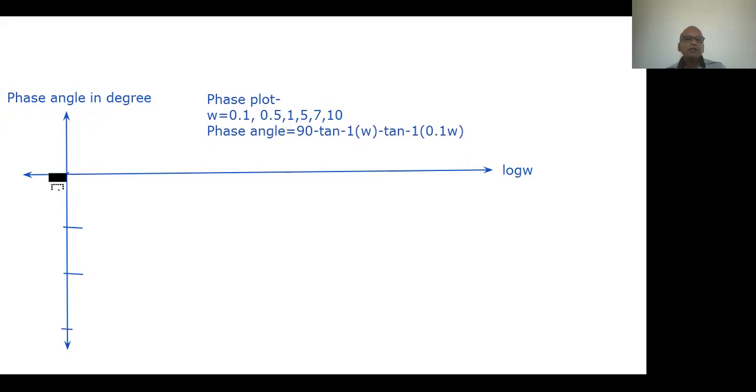And then here is the phase equal to 0. Here is the phase equal to minus 45 degrees. Then here is minus 90. Here is minus 180. Okay.